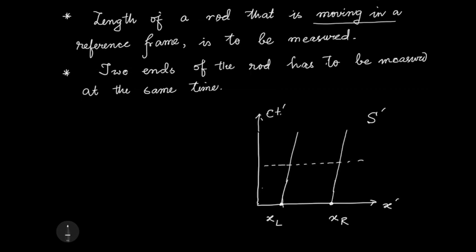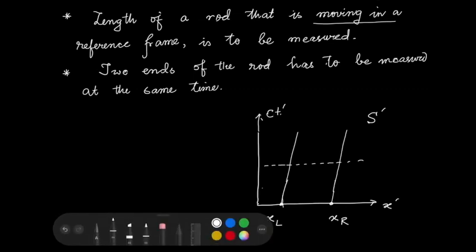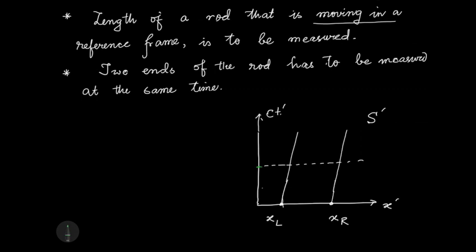Okay, so how should I do the measurements? I should do it at the same time. So you know that we have discussed same time means there should be a horizontal line because the time doesn't change along this horizontal line. Okay, so this is the measurement of the left end, this is the measurement of the right end.